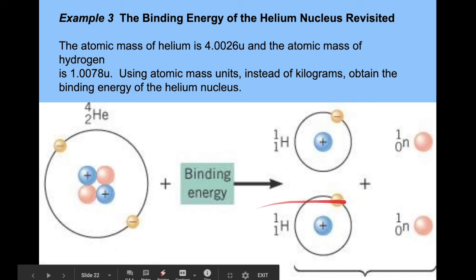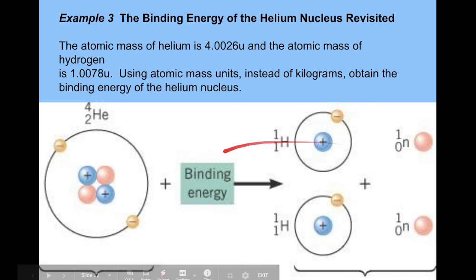So basically what happens is, as we take these particles and put them together into an atom, some of that mass gets converted to binding energy. Likewise, when we split atoms into smaller atoms, we release energy through that process. So again, there's a mass differential, and that mass differential is due to some of that mass being stored as binding energy.